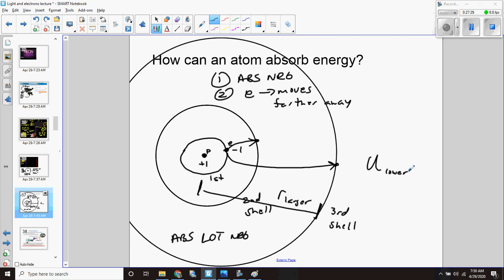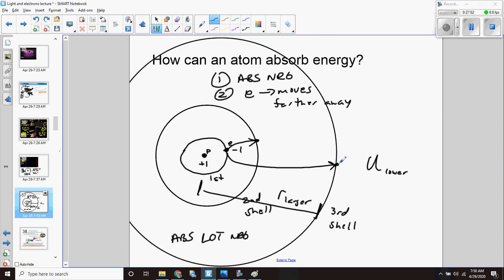And remember, U is proportional to 1 over the distance. So the farther the electron gets away, the energy of this electron becomes lower. So what Niels Bohr discovered is that atoms can absorb energy by electrons moving farther away from the nucleus. Now, this isn't the end of the story.